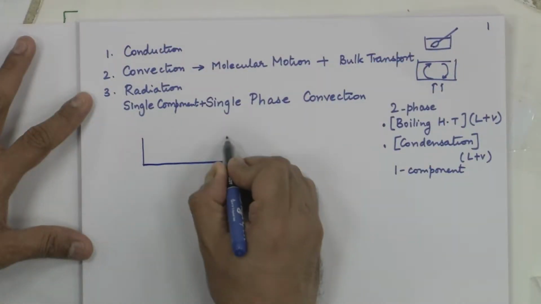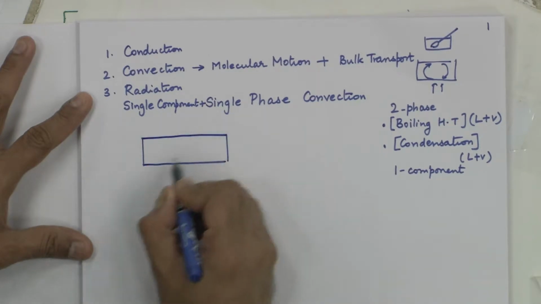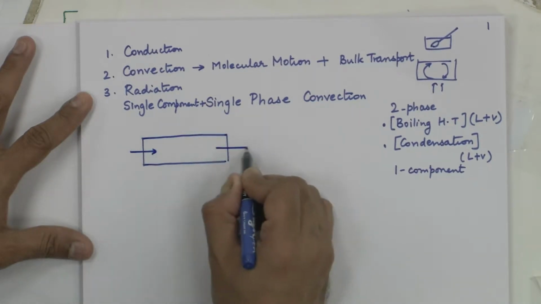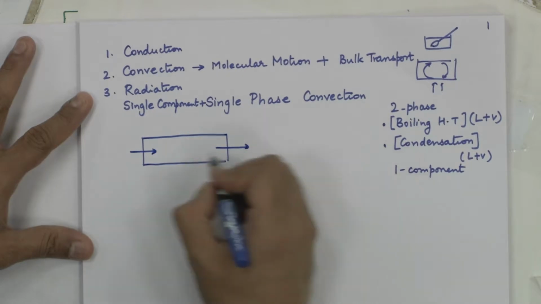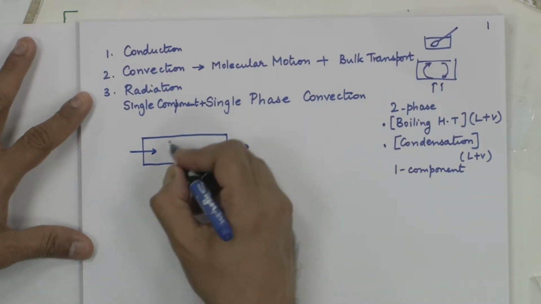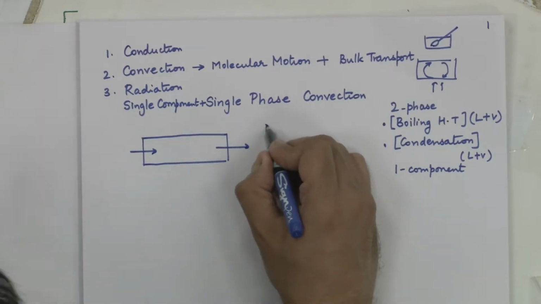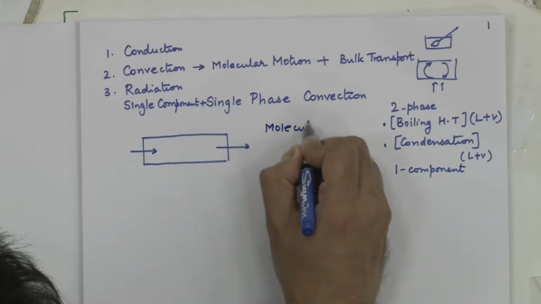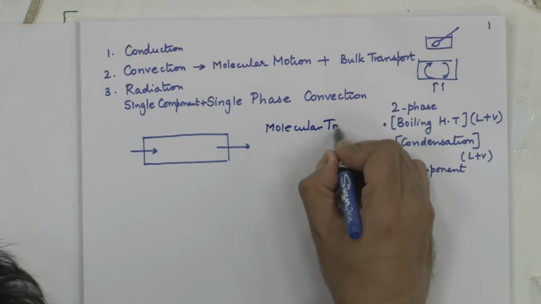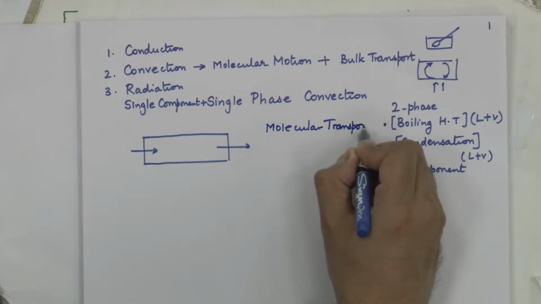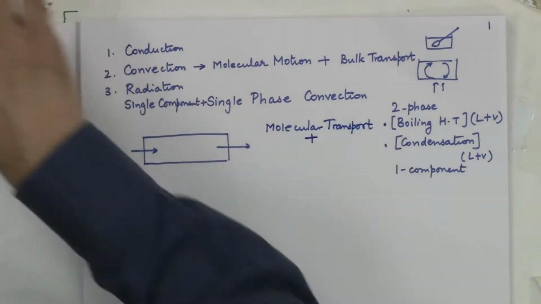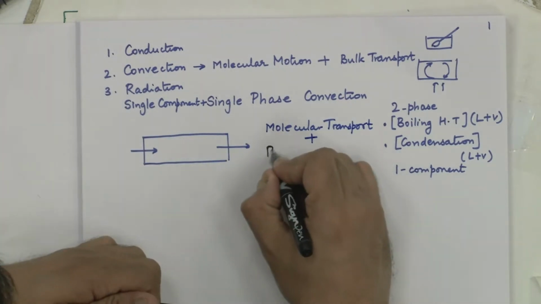Convective heat transfer is basically you have flow. If this is a pipe you are talking about, you have energy transfer because of flow and because the molecules of the fluid also interact with each other. So, molecular interaction and transport, plus bulk fluid motion.